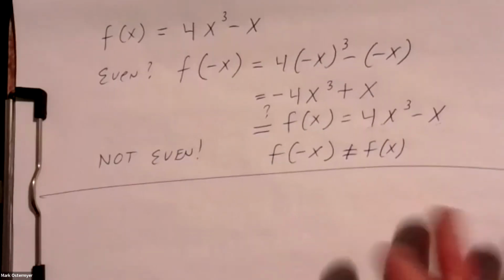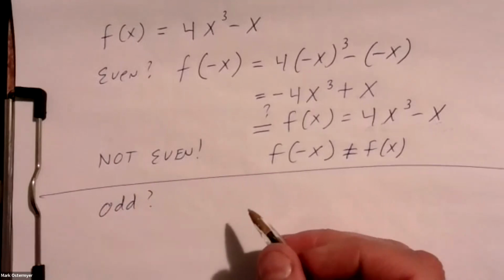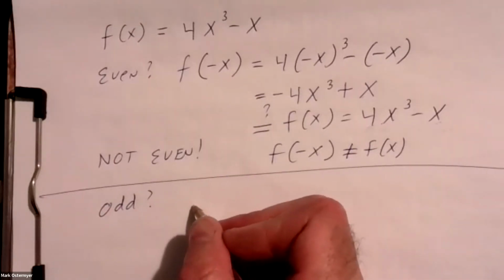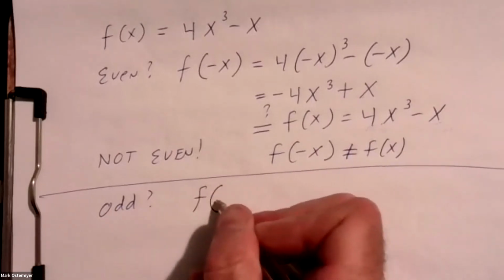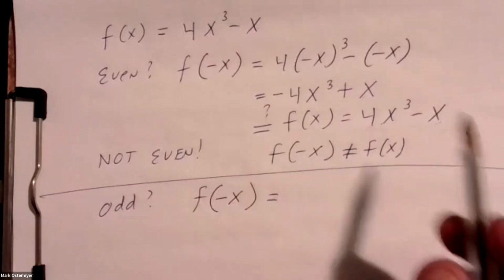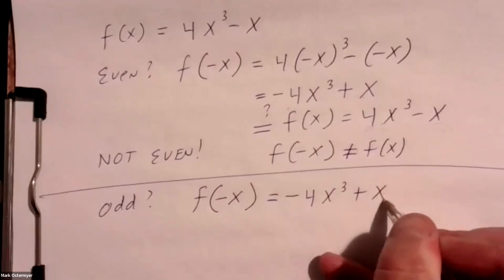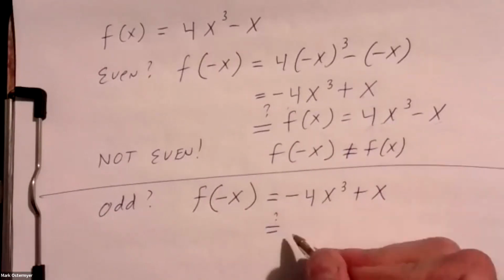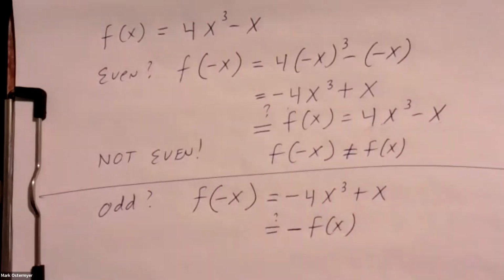Okay, if it's not even, how about, is it odd? Is it an odd function? Well, to show it's an odd function, we need to show that f of negative x is equal to the negative of f of x. So f of negative x, we already did. F of negative x is negative 4x cubed plus x. Is this, ladies and gentlemen, by chance equal to the opposite of f of x?